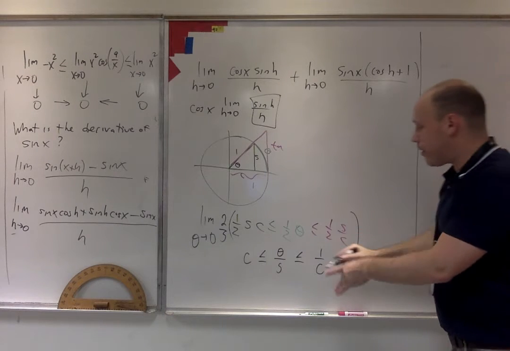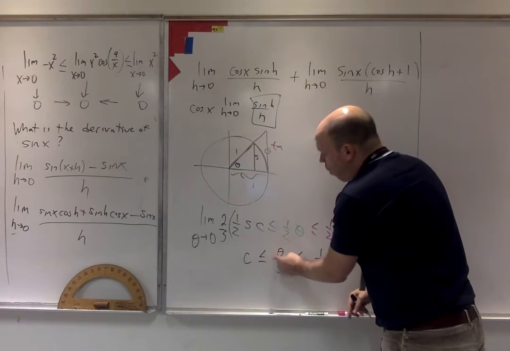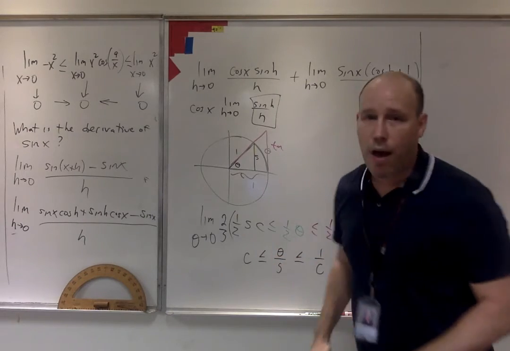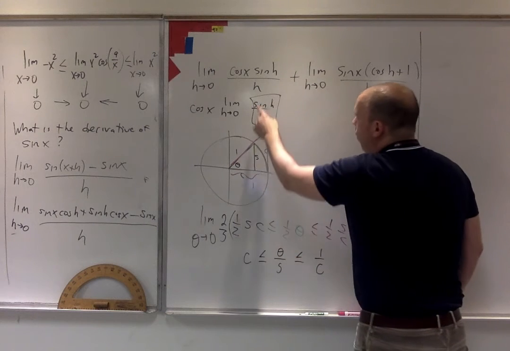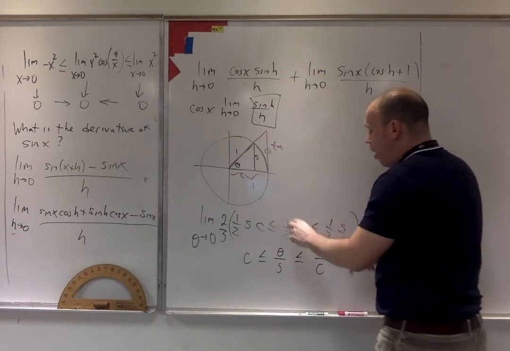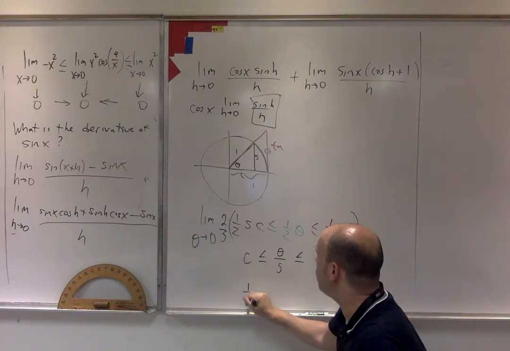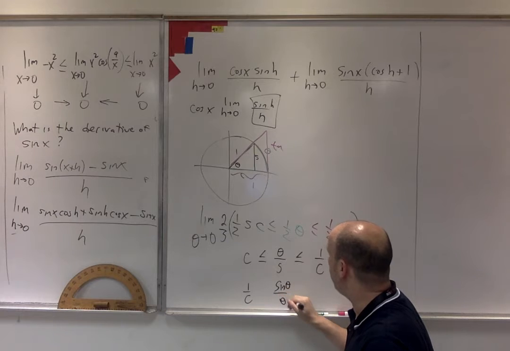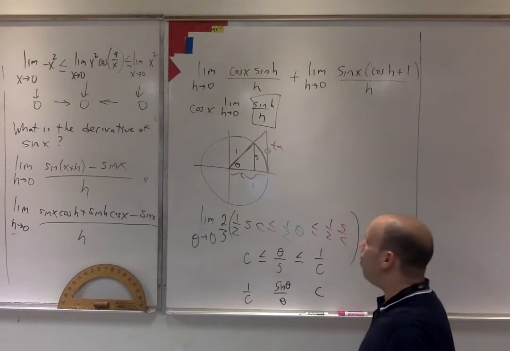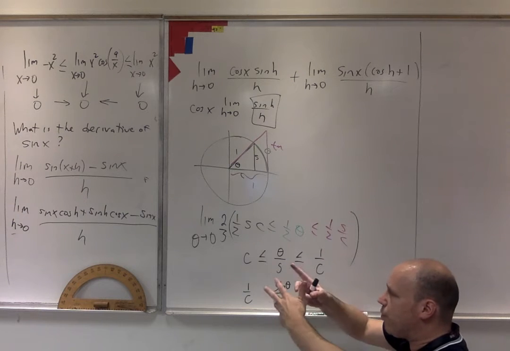Now, next, what happens? Let's think about this for a second, because I don't want theta over sine. I want sine over theta. How are we doing for time? We're good. Remember, I want sine over theta. So let's flip everything: 1 over cosine, sine theta over theta, and cosine. Well, what happens when I take the reciprocals?